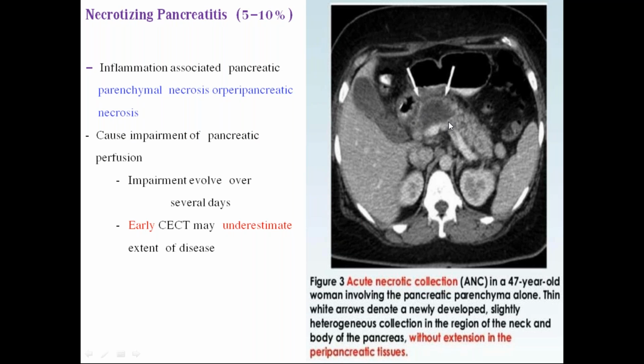Gas in the collection is a sign of necrosis. It is due to impairment of pancreatic perfusion, which evolves over several days. Early CECT may underestimate the disease, so contrast CT scan is typically taken after 72 hours.